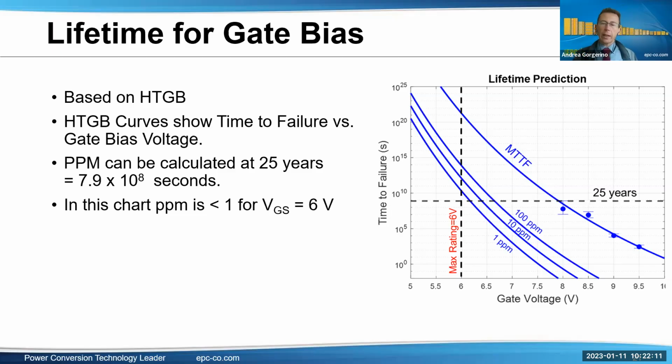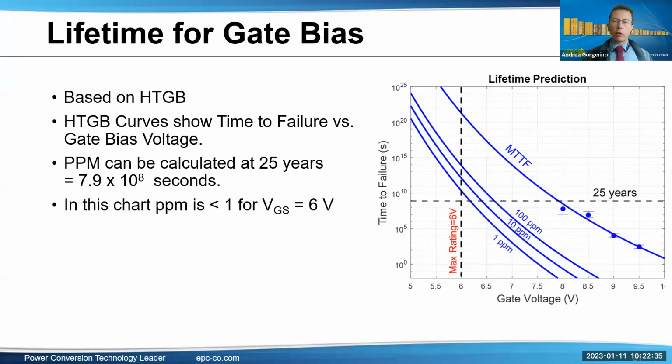EPC GaN FETs are rated at 6 volts maximum rating on the datasheet. So you can see that dashed vertical line, it's at 6 volts. And basically the failure PPM rate calculated for 25 years is below 1 ppm at 6 volts. By the way, in normal operating conditions, we are between 5 and 5.2 volts, which is an even lower ppm rate.